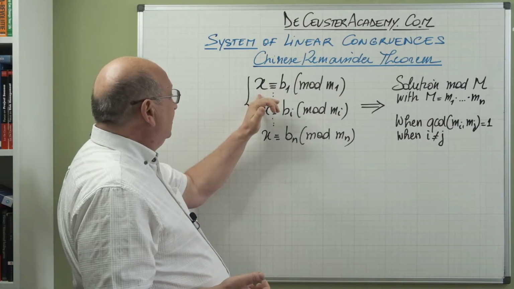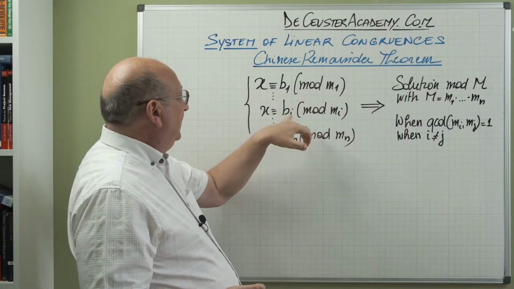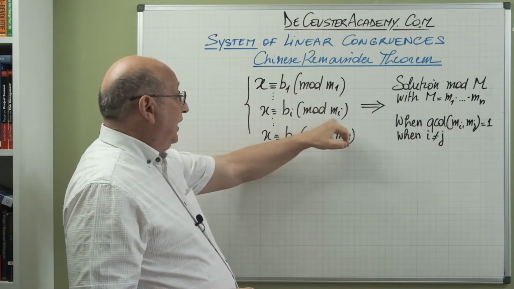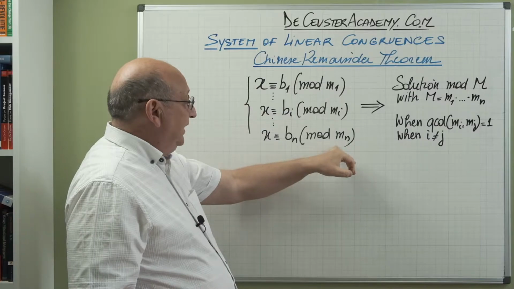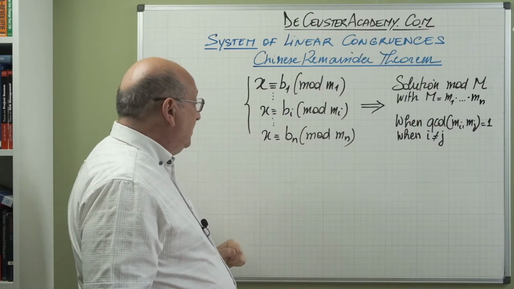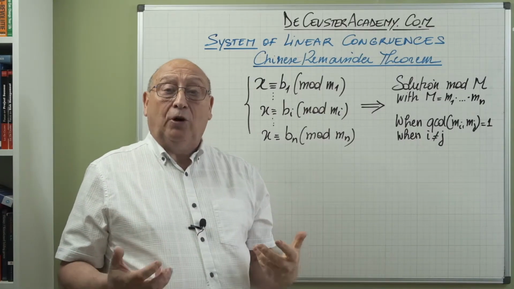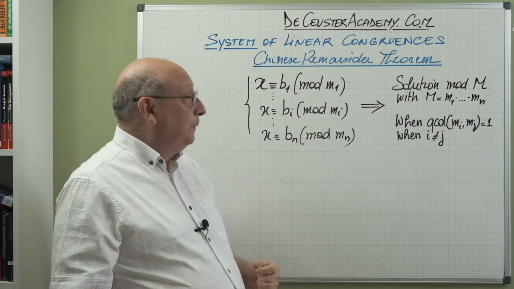Well, it means that the value x, when divided by m1, has a remainder of b1. When it's divided by mi, it has the remainder bi, and when it's divided by mn, then it has a remainder bn. So we try to find the value of x which complies with all those equations.